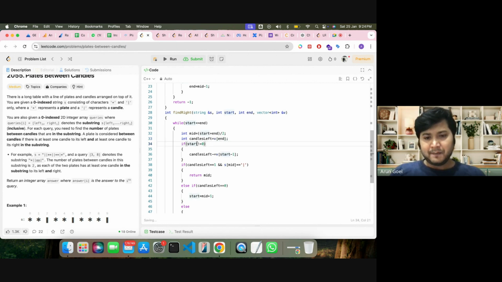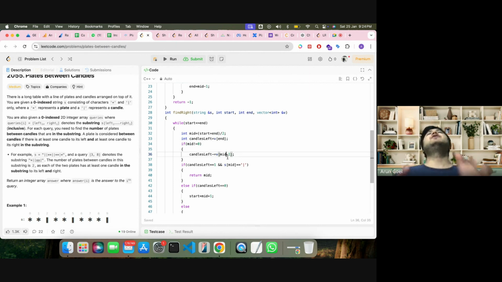If your mid is not equals to 0, then candles of left minus equal to mid minus 1, right?